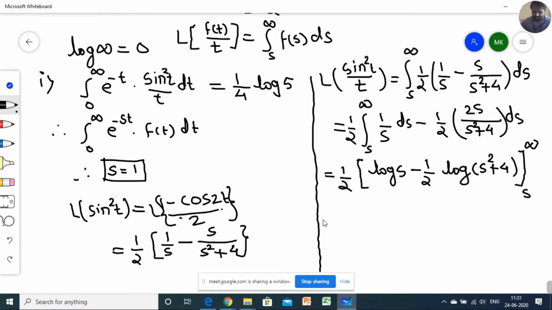So the next work will be our 1 by 2 is kept as it is. While substituting the upper limit, we will get 0.